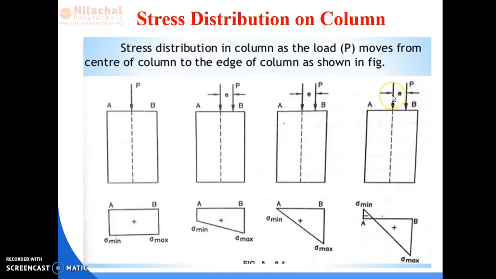While if the bending effect is more than the direct, the minimum stress will be negative and the maximum stress will be positive.